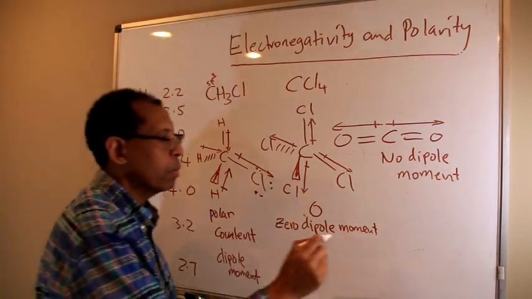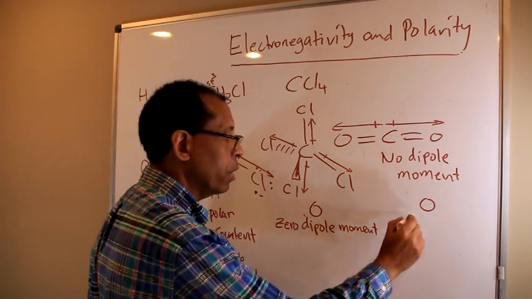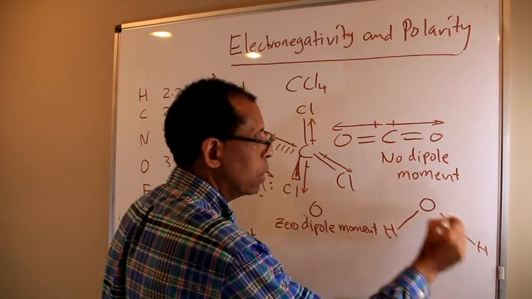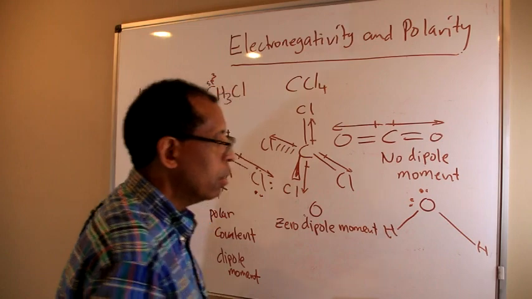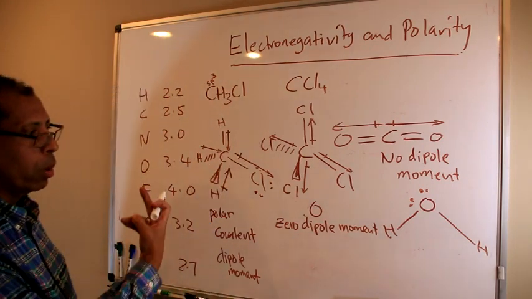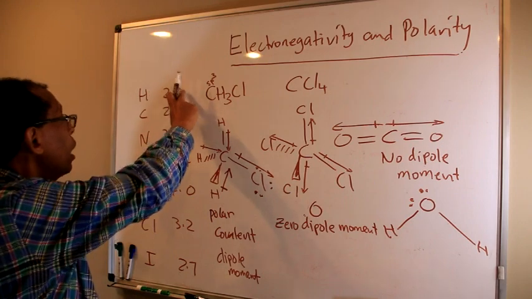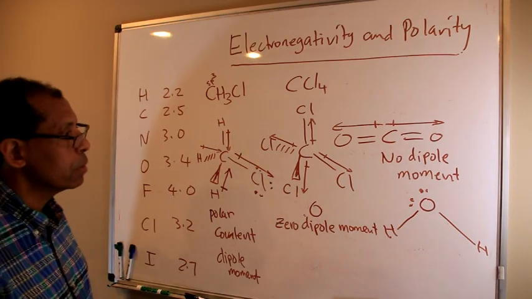How about water? If you remember, water has a bent geometry like this, with lone pairs. So the dipole moment should point toward this oxygen. Obviously, oxygen is 3.4, but hydrogen is 2.2. That's almost a 1.2 difference.